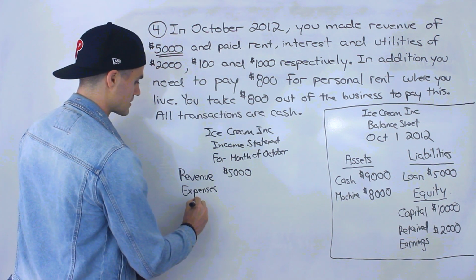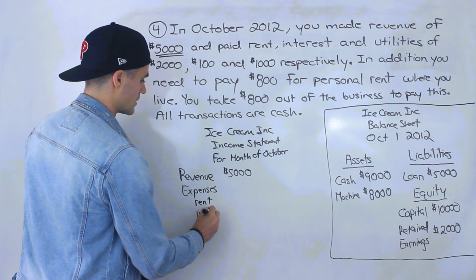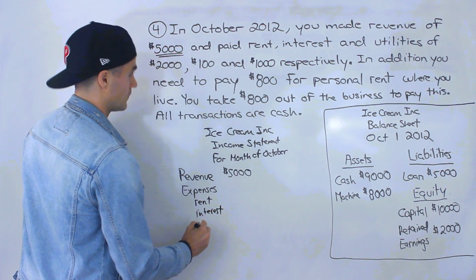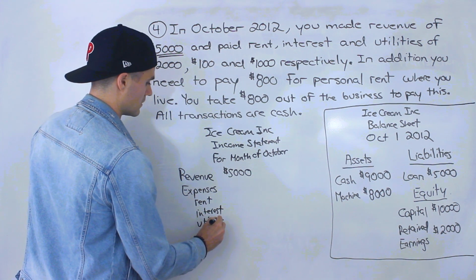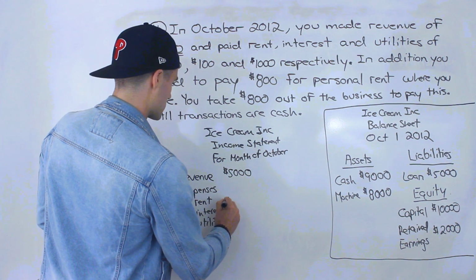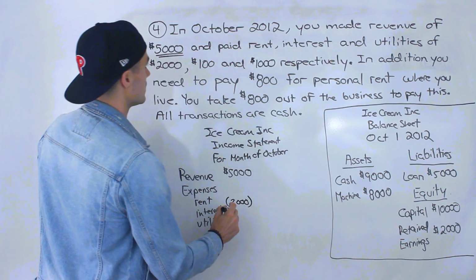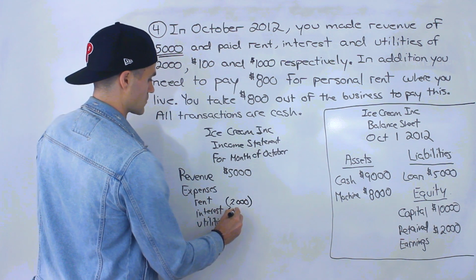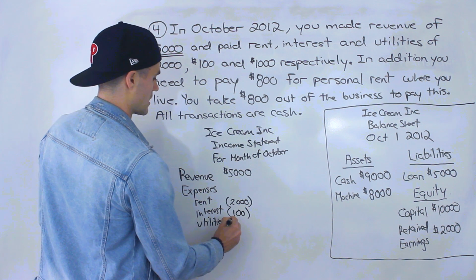We have rent, we have interest, and then we have utilities. The rent is $2,000, the interest is $100, and then the utilities is $1,000.